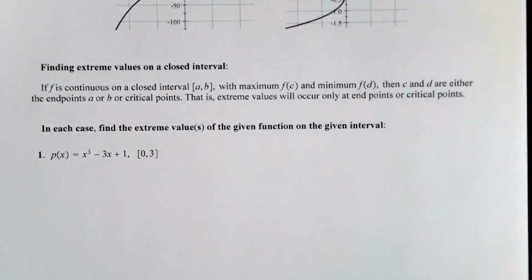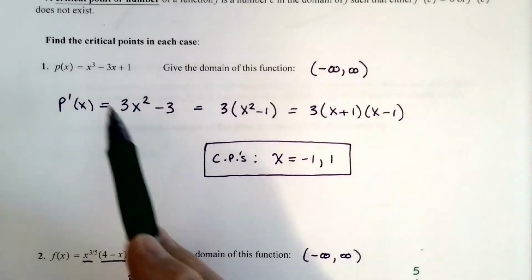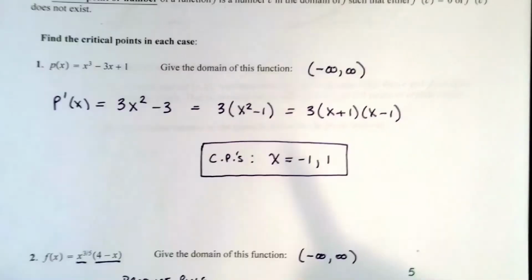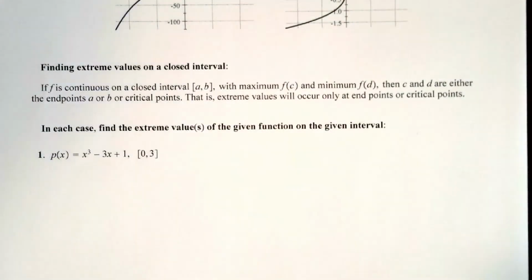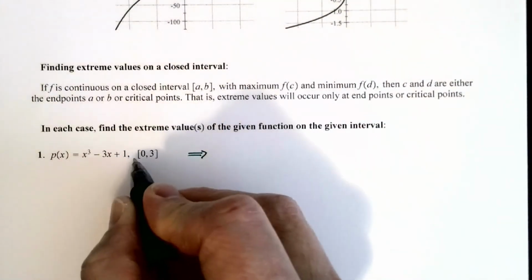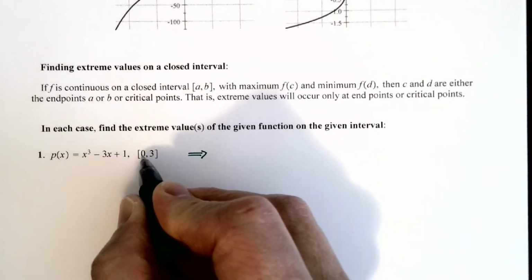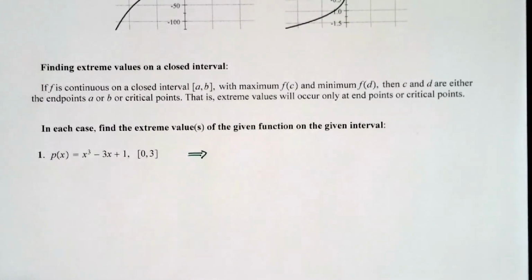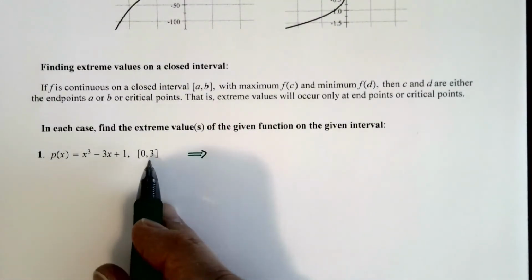I'll just have you go back and review that video. If you go back to the last video, we found the critical points to be -1 and 1 for this particular function. And so I will have you note, though, we're looking just in the interval from 0 to 3. So be very careful. You do not want to include the critical point of -1. It's not in this interval. It would be irrelevant.